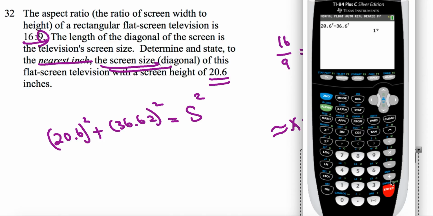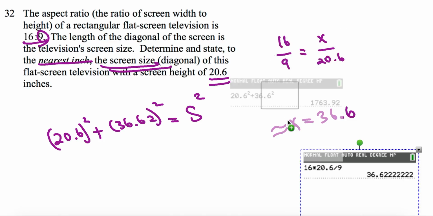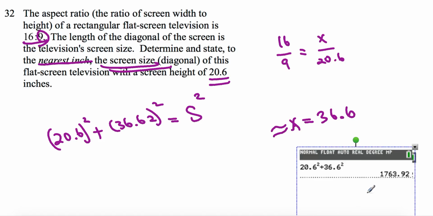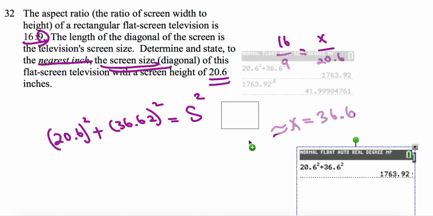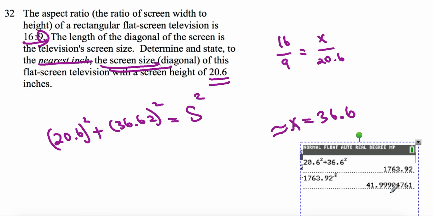If I were to get the value, I'll be getting this one, 1763. We have to take the square root of that number and raise it to 0.5. Then 41. So almost it becomes 42. So 42 becomes our answer.